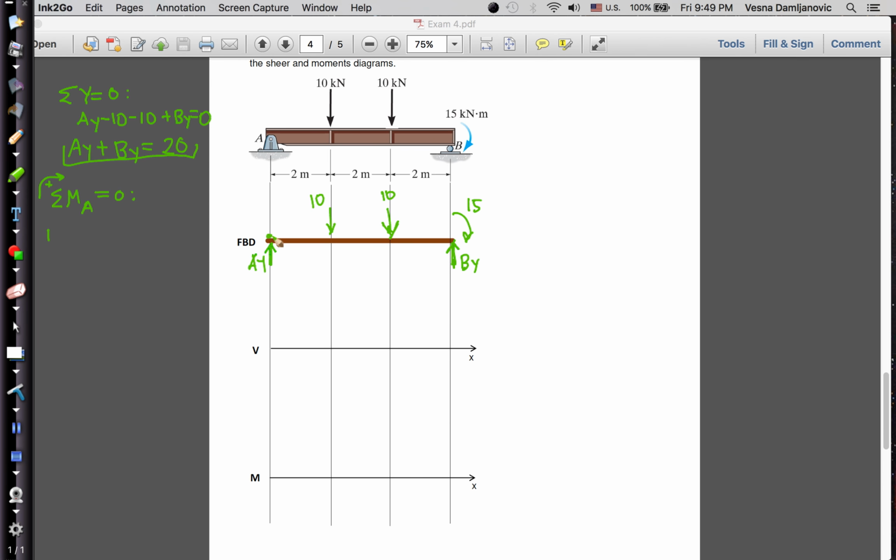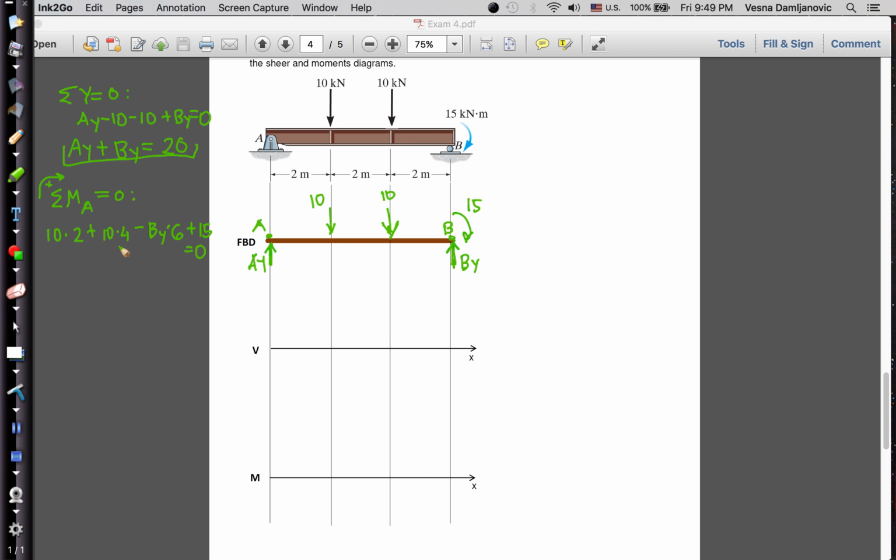So this is point A, and this is point B. So moments around A, AY doesn't have a moment, 10 does, so it's going to be plus 10 times 2, this bit is 2, then plus 10 times 4, because for this force the distance is 4, then for BY it's minus BY times 6, and then plus 15. And that's equal to 0.